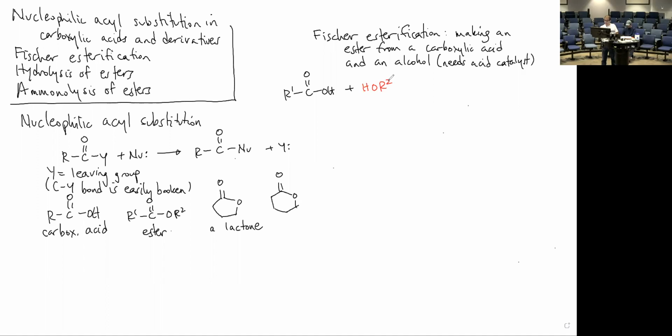And those we bring together in the presence of some acid catalyst, usually a few drops of sulfuric acid or something like that. And what we wind up getting is an ester.